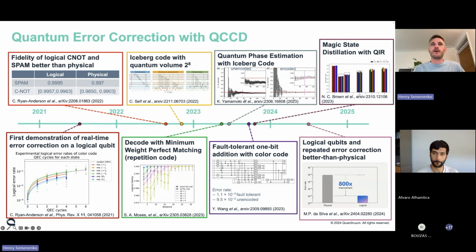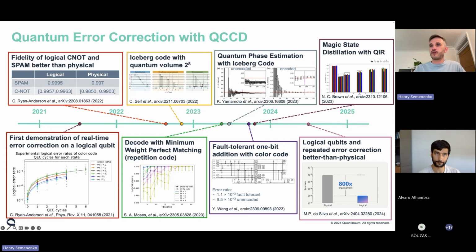We can then apply these kinds of techniques to actual algorithms, at the moment very simple algorithms in terms of a 1-bit addition, but being able to do this in a fault tolerant way on our systems. And finally, looking at things like magic state distillation and resource state generation. These are ideas of moving towards fault tolerance by injecting particular resource states into our computation.